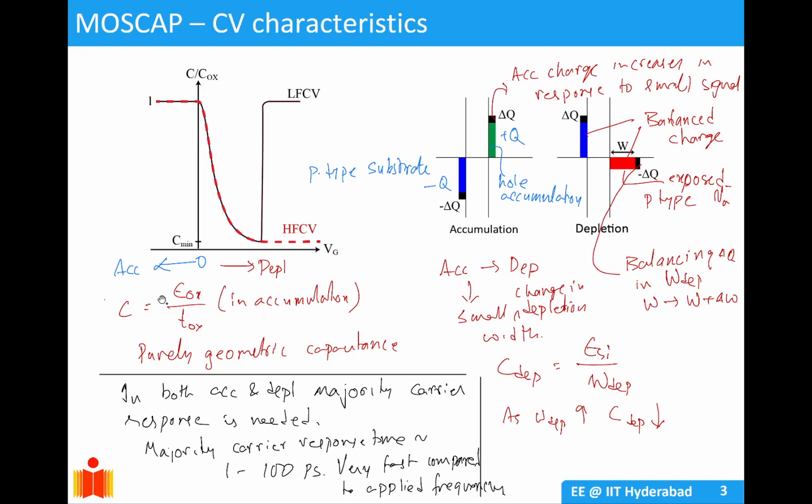In both your accumulation and depletion regions, the response is from majority carriers, and the response time of majority carriers is in picoseconds, which is very fast compared to our applied frequencies, from hertz to megahertz.